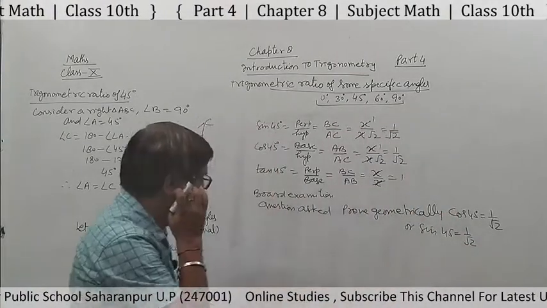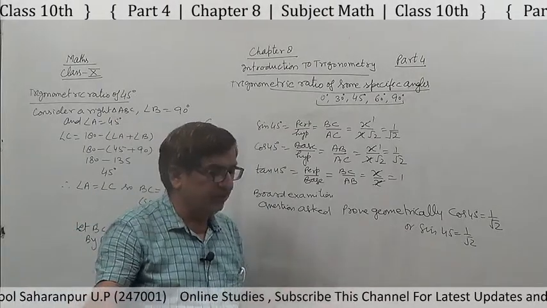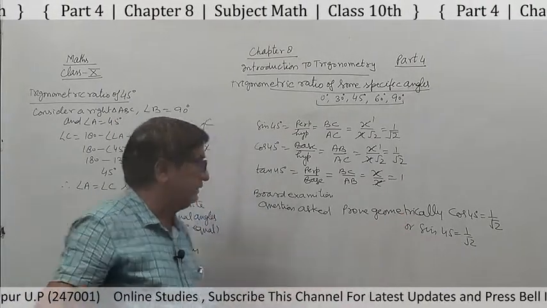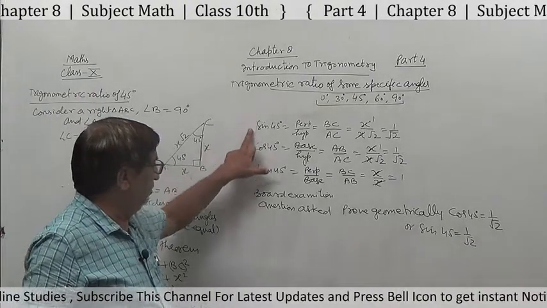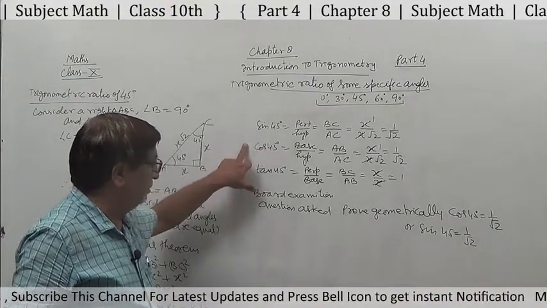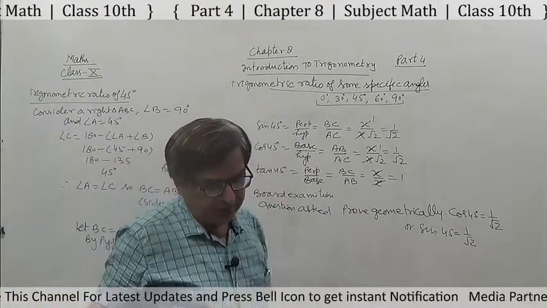So, when the question is asked this way in the board examination, you will do it this way and then find out the value of sin or cos which is asked.